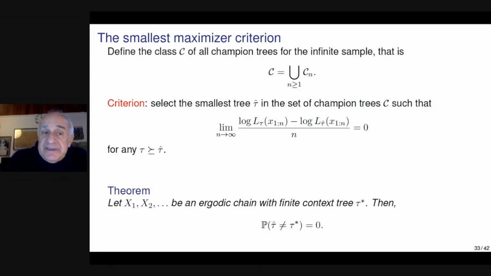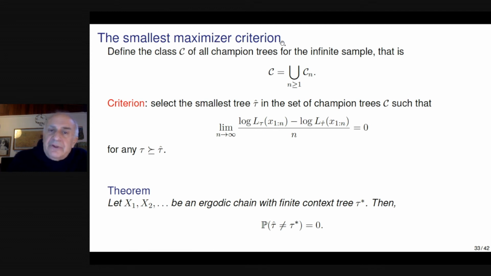And so if you define this criterion, we have this theorem. The probability, for infinitely large sample, of having t hat different than the correct t star which generated the sample is 0. And we call this criterion the smallest maximizer criterion.